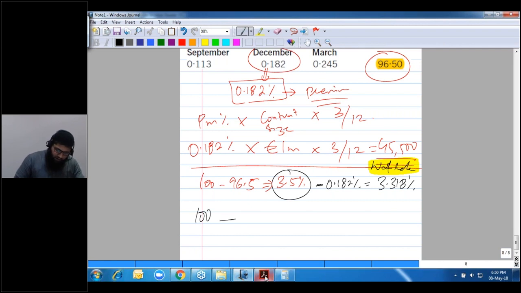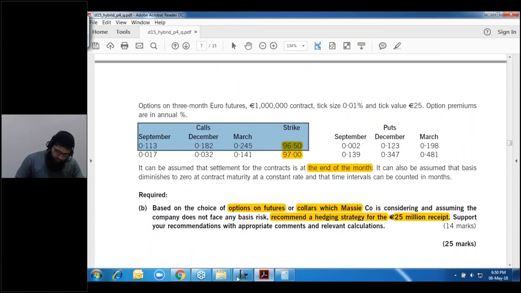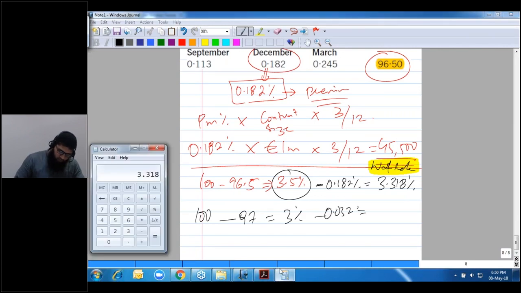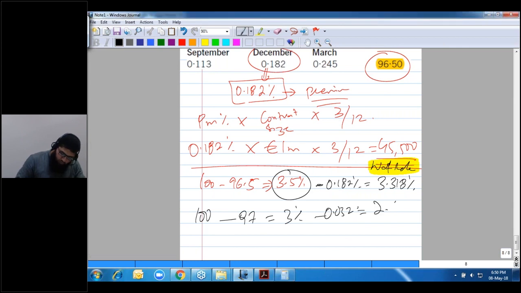The other strike price is 97. So 100 minus 97 gives you 3%, minus 0.032% as the relevant premium. So how much is it? 2.968%. As a lender, your choice is going to be to maximize the net rate.